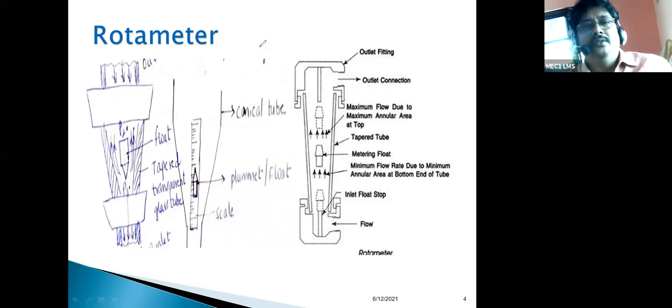See here, if you observe clearly, the diagram is written wrong.